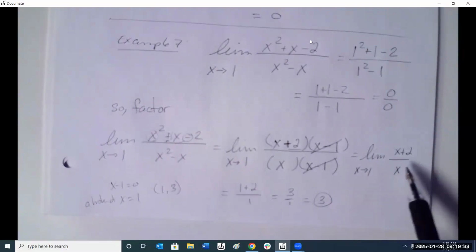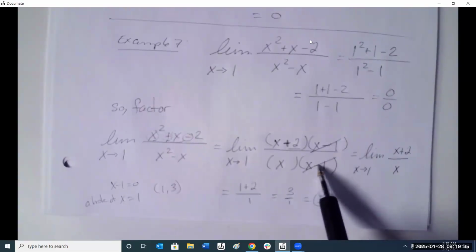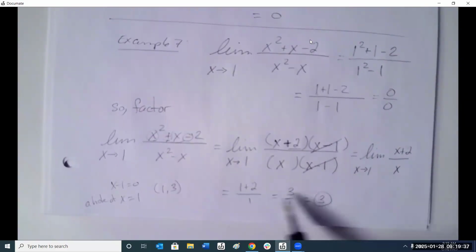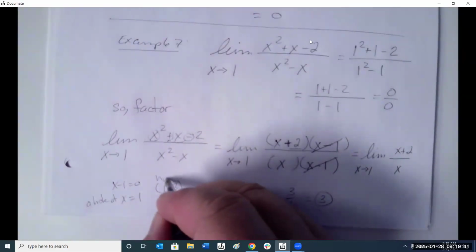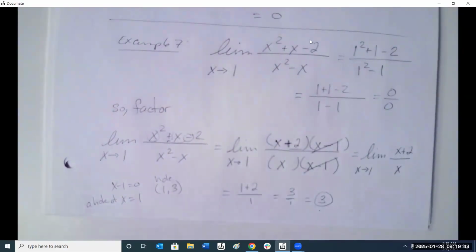Our graph, since we canceled out the x minus 1s, and when we plug in 1 we get a 3, has a hole at (1, 3). So far, so good. So if you ever have 0 over 0, that means something can factor out. Something's going to cancel.